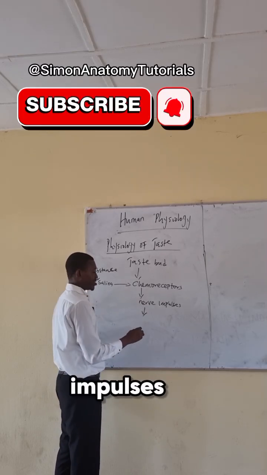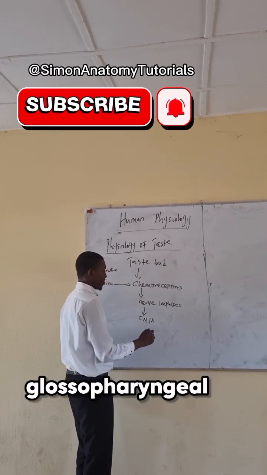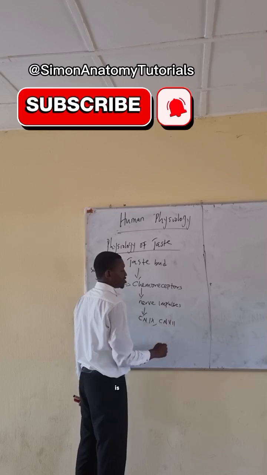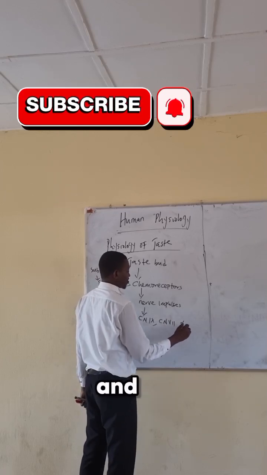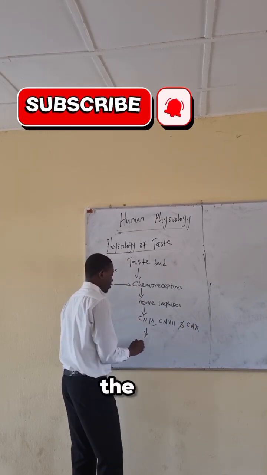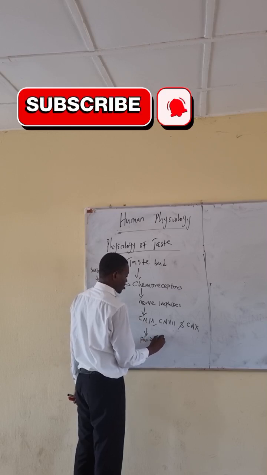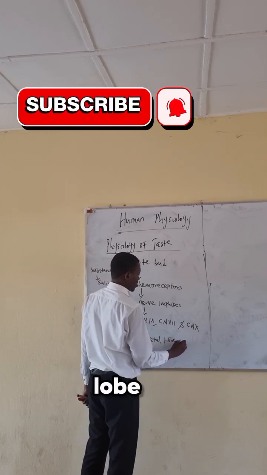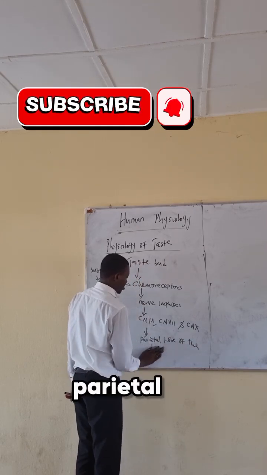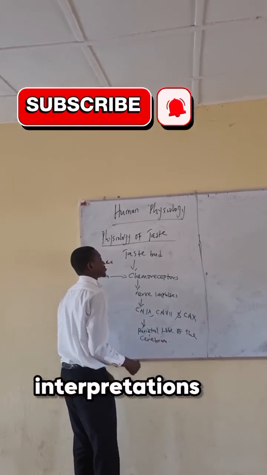These nerve impulses are carried by cranial nerve 9, which is the glossopharyngeal nerve, cranial nerve 7, which is the facial nerve, and cranial nerve 10 to the parietal lobe of the brain, the parietal lobe of the cerebrum specifically, for interpretation.